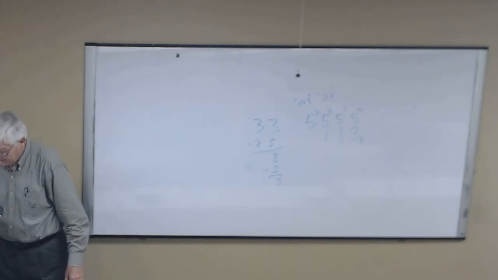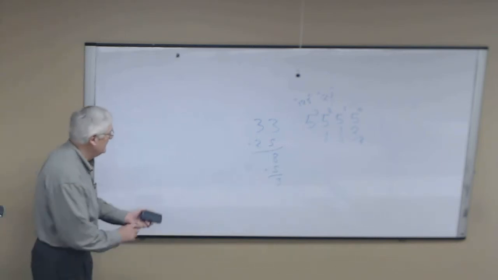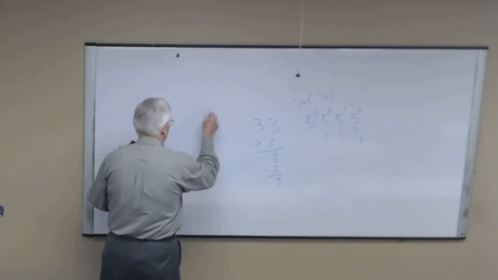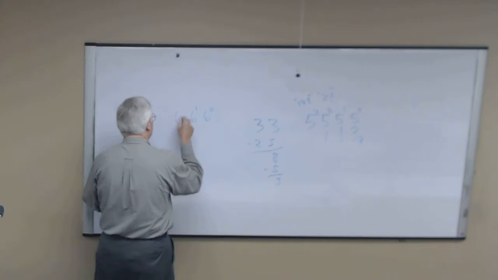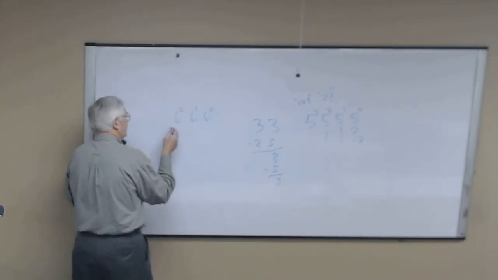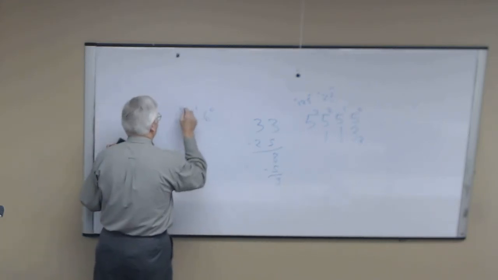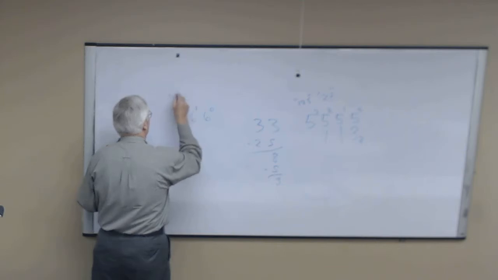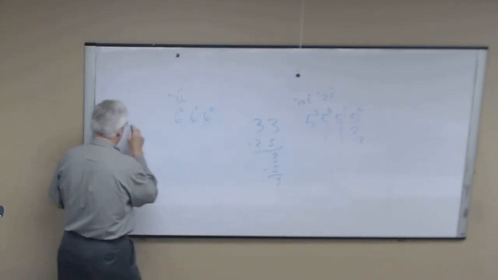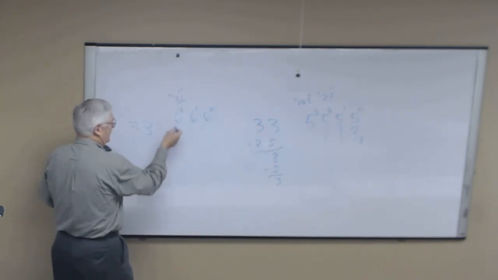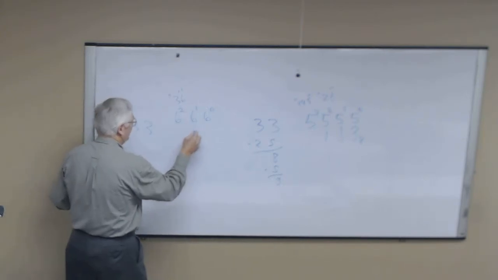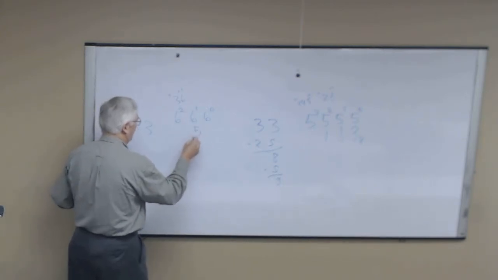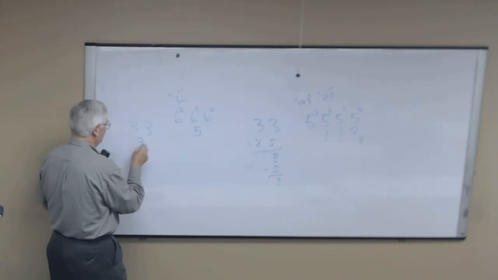Then the next one is to base 6. So I go 6 to the 0, 6 to the 1, 6 squared. And look at this. 6 squared is 36. Well, I only have 33, so I don't have any of these. But how many of these would I have? 5, because 5 times 6 is 30.